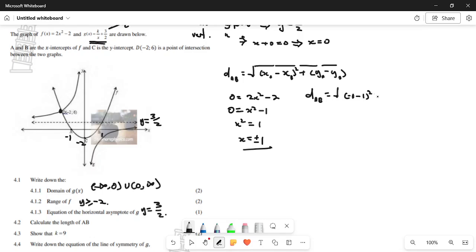All of that squared. The y's don't matter because it's just 0. So this will be negative 2 squared, that's a positive 4, square root of 4, that's just a 2. So that means AB equals 2 units.